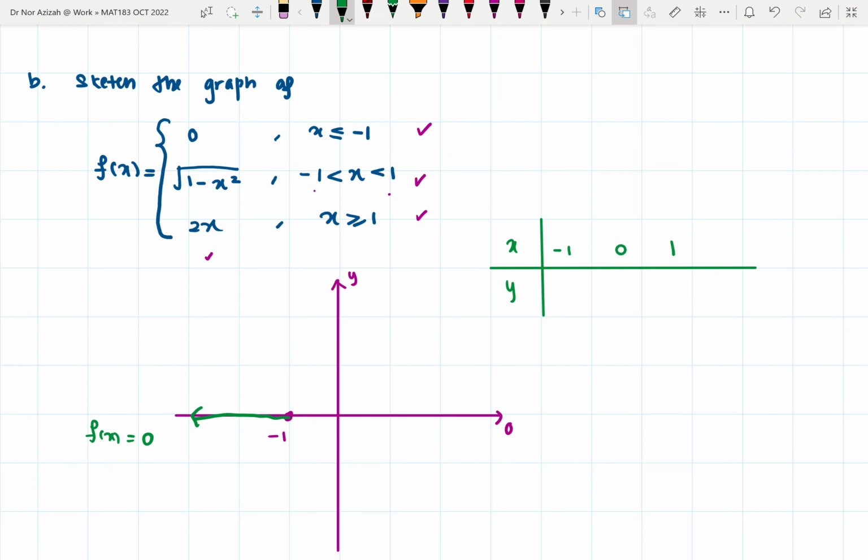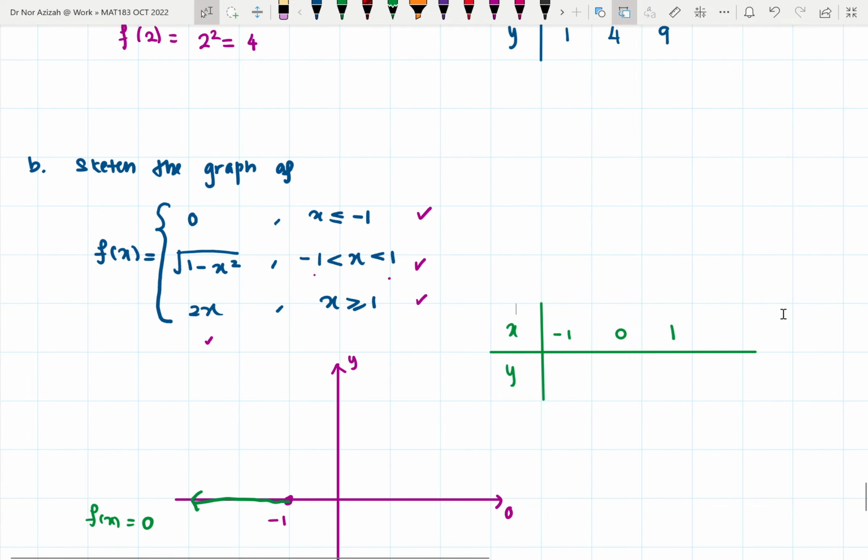So when x is -1, the function y equals 1 minus x squared. So when x equals -1, -1 to the power of 2 is 1, so 1 minus 1 is 0. When you replace x by 0 here, y is 1. When you put 1 here, this one is 0. So you should know that you will get a curve, not a line.